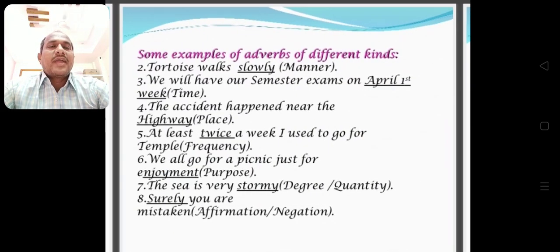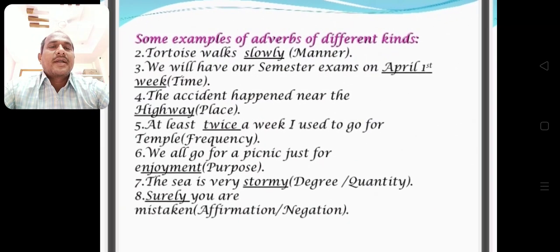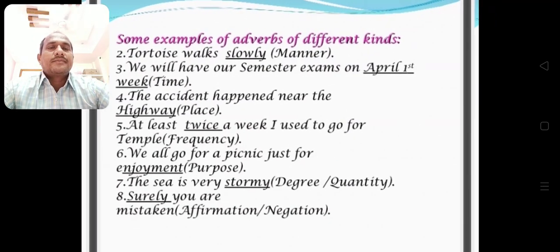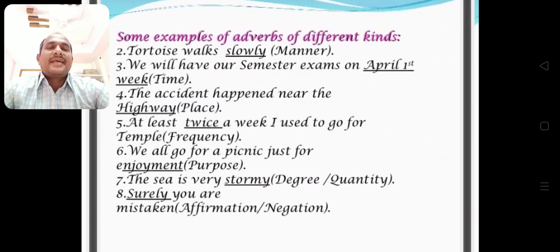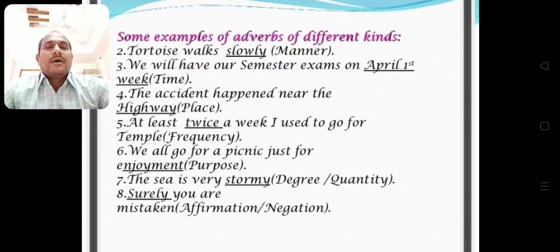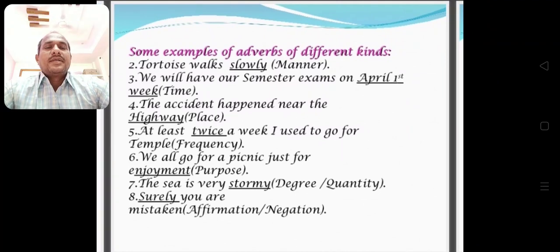Some examples of adverbs of different kinds you see here. Tortoises walk slowly, which shows manner. We will have our semester exams in the first week of April. Here it shows time. The accident happened near the highway, which shows place. At least twice a week I used to go to the temple.